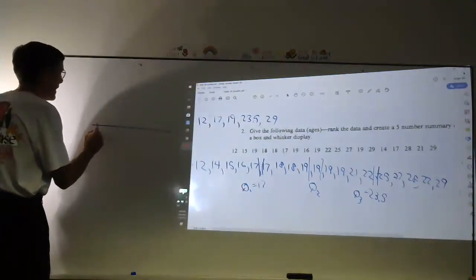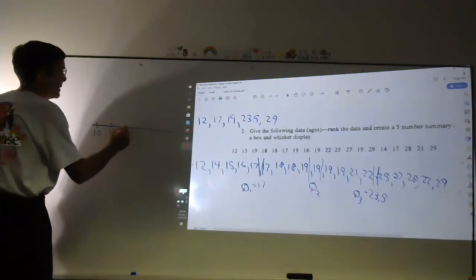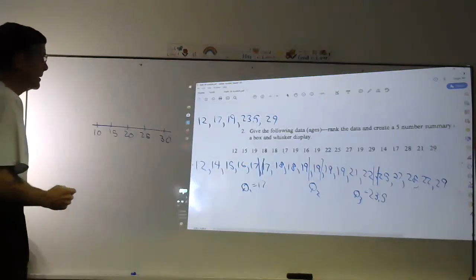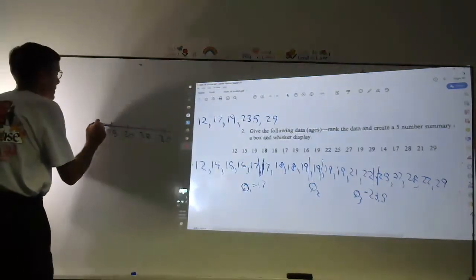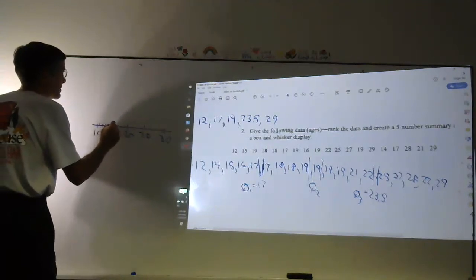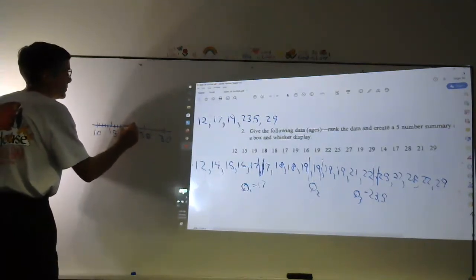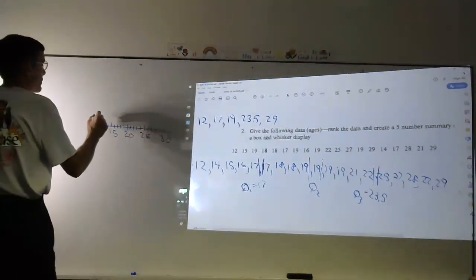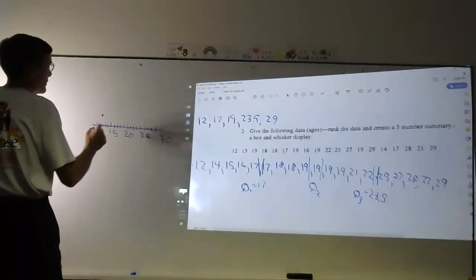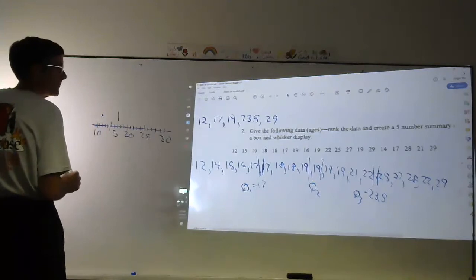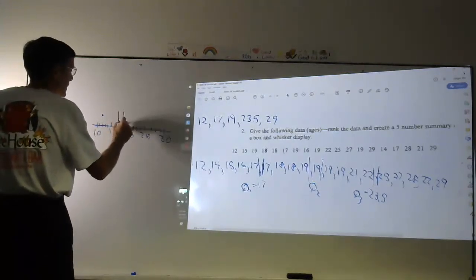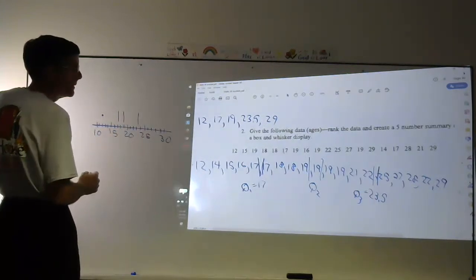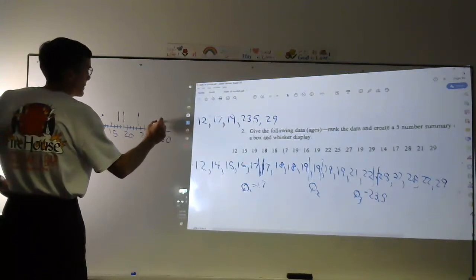So I'll do 10, 15, 20, 25, and 30, and mark in the numbers in between. So I have 12 is a dot, 17 is a line, 19 is a line, 23.5 is a line, and 29 is a dot.